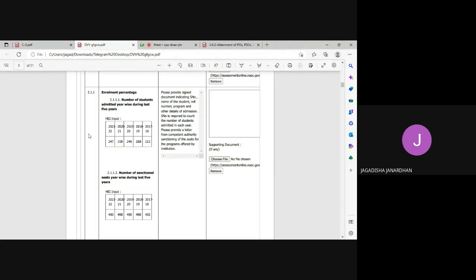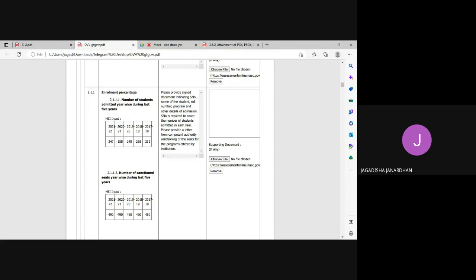Here, as per the NAAC DVV for a recent college, we got this. For 2.1.1, number of students admitted year-wise during the last 5 years, they have mentioned 247, out of a sanctioned 490 seats. They have asked: please provide a signed document indicating serial number, name of the student, roll number, program, and other details of admission.